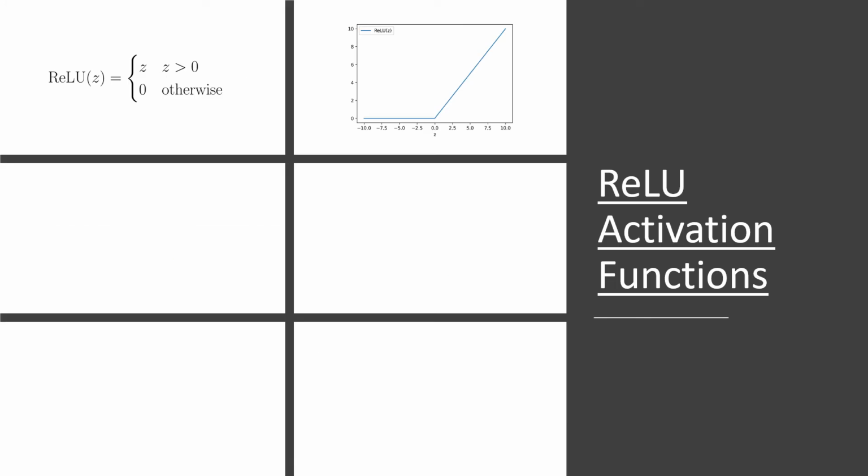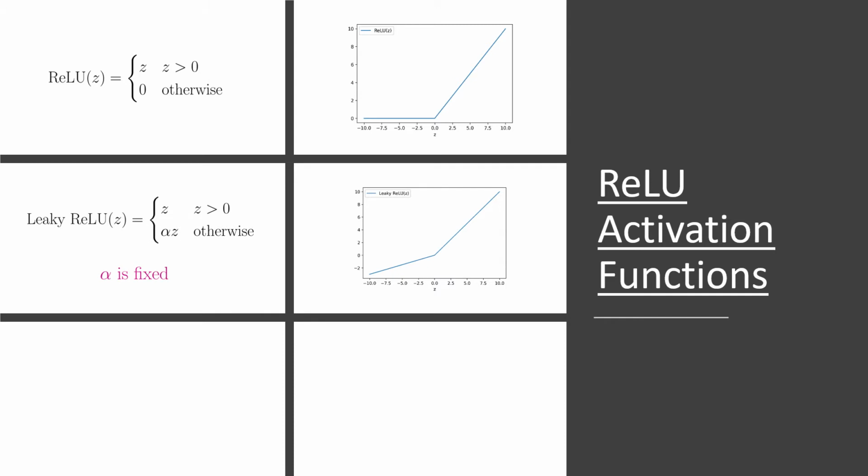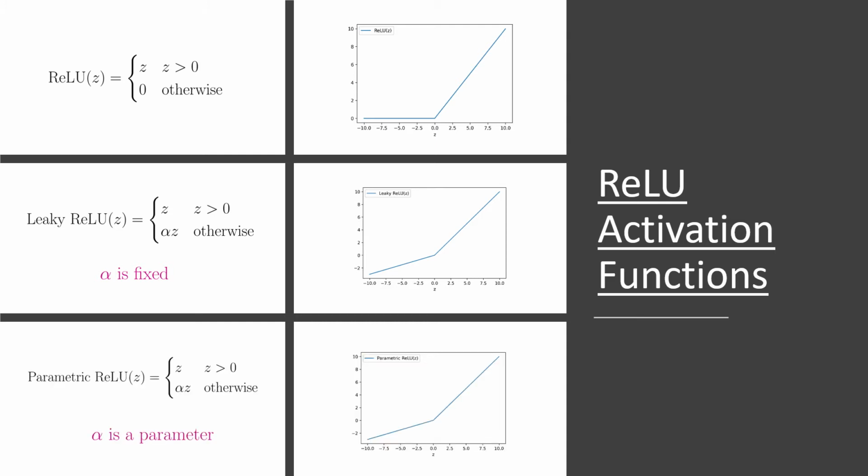But the problem is that it causes a lot of dead neurons inside of your network, because every number less than 0 will simply be mapped to 0, and the parameters attached to those neurons won't be updated. So, instead, people came up with leaky ReLU. Instead of setting values less than 0 to 0, we set the values to some predefined constant fraction of themselves. But then people said, hey, instead of choosing this constant fraction, we should let the network figure out a good value on its own. And that's what a parametric ReLU is.